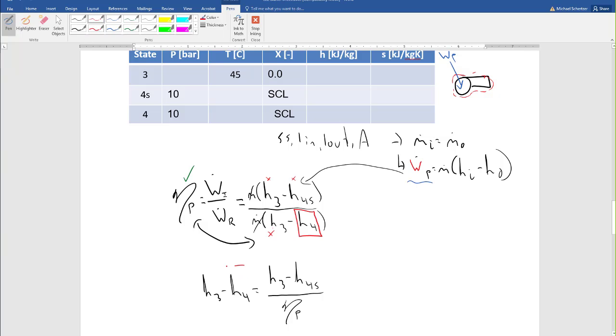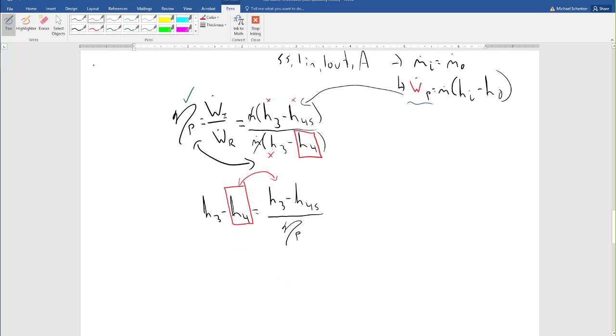I remind myself that it's actually H4 that I'm trying to find out. So I move that by itself on one side of the equation, and then I move this term with the isentropic efficiency in it to the other side of the equation.